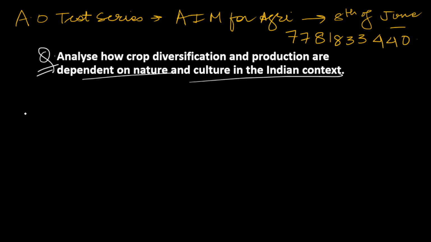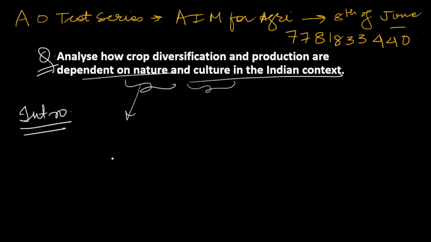So basically, in the intro part, you can highlight what actually the question is asking us, with reference to nature and with reference to culture. So what will be the natural parts of the crop production and diversification?